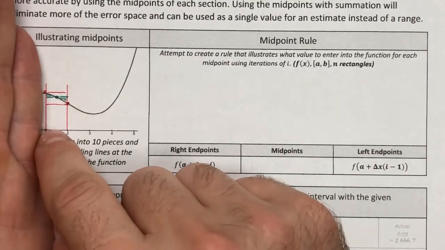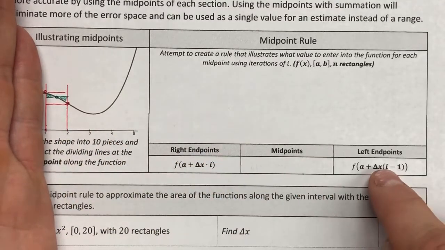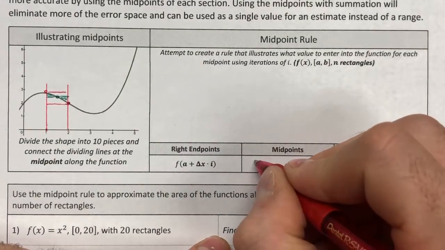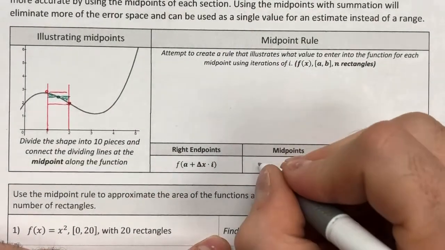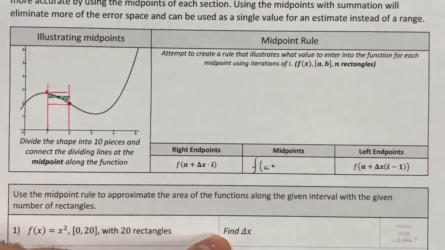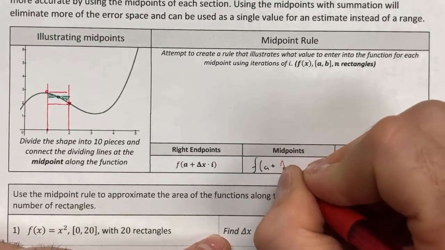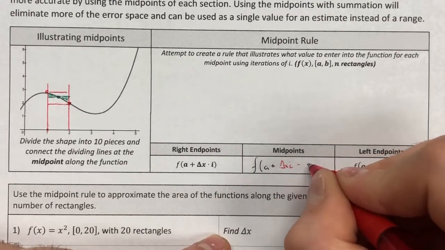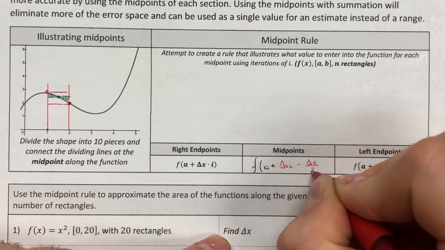Well, I would go over one full delta x, and then I would subtract not a full one, but a half one. So our generic midpoint formula is, let's take our f and plug in our a, and we're going to add our delta x however many times we want, and we're going to subtract half of a delta x.